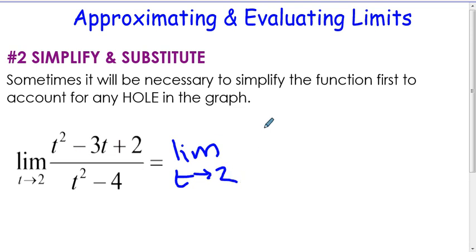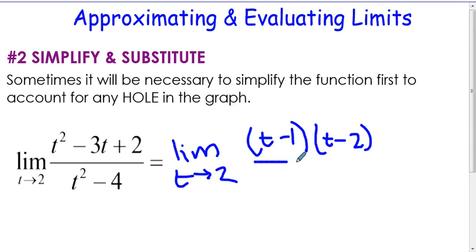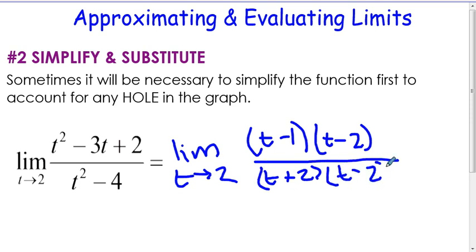The top we're going to factor, so we're going to get t minus 1, t minus 2. And then the bottom, we're going to get t plus 2, t minus 2. Notice we have a t minus 2 in the numerator and in the denominator, so they will cancel.